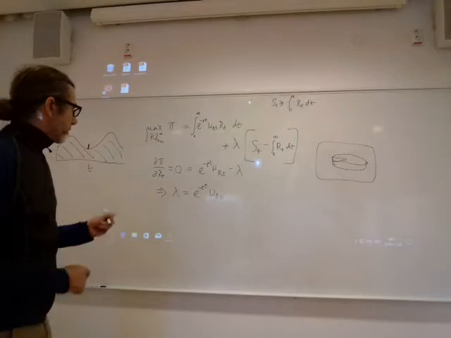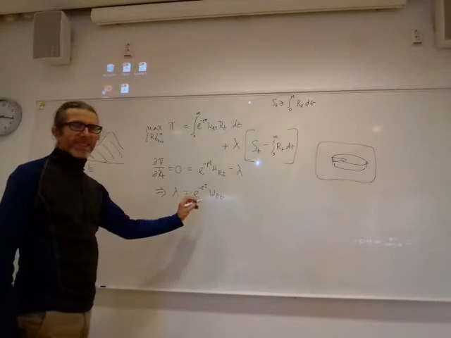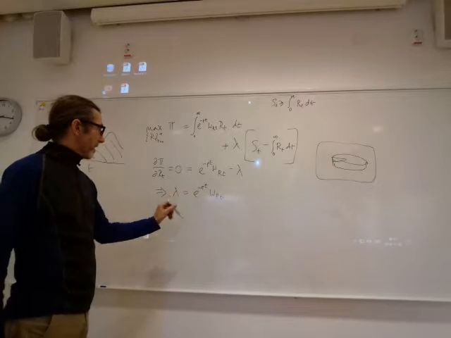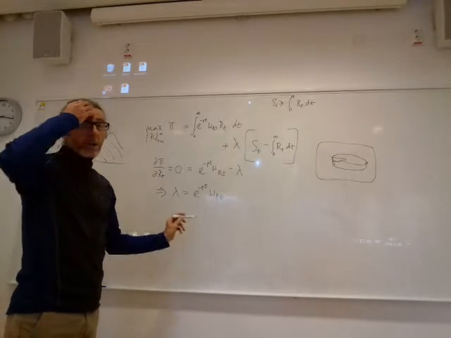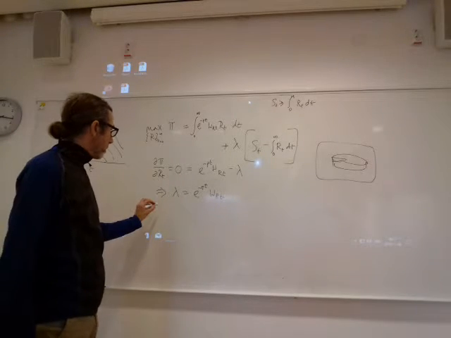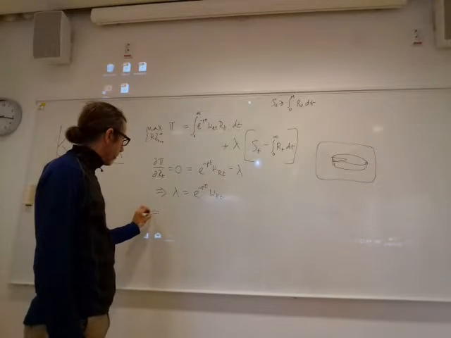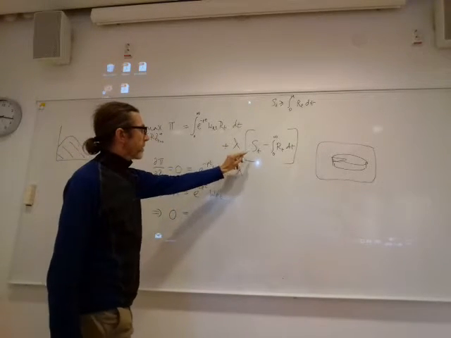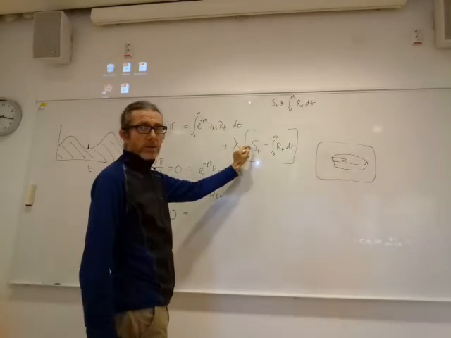Okay, so if we differentiate this whole thing with respect to t, what do we get? We just get naught. So lambda is constant, yeah? Lambda is the shadow value of the stock.